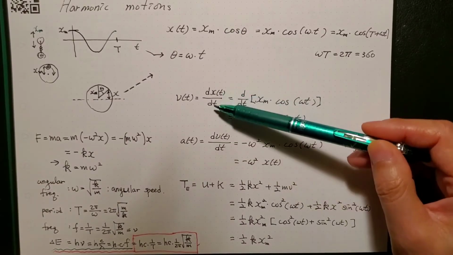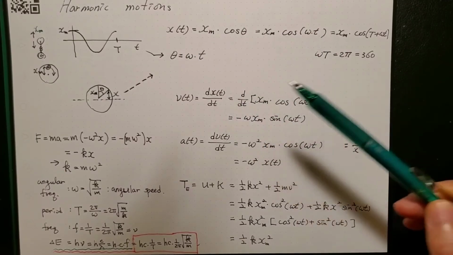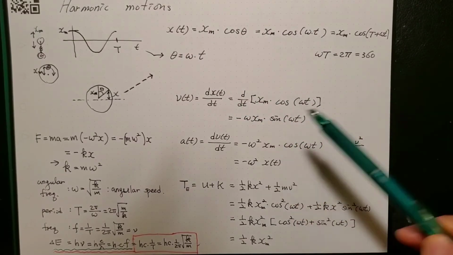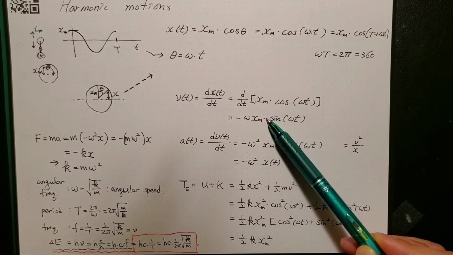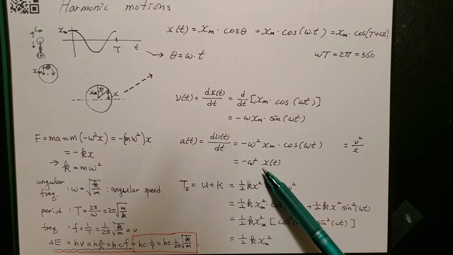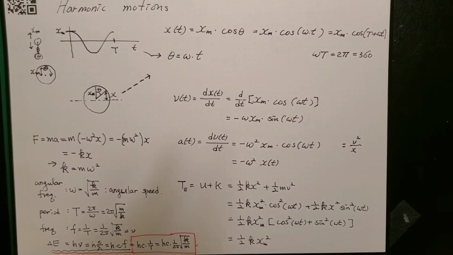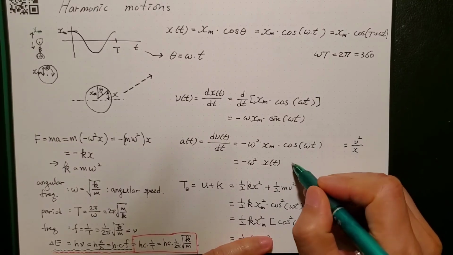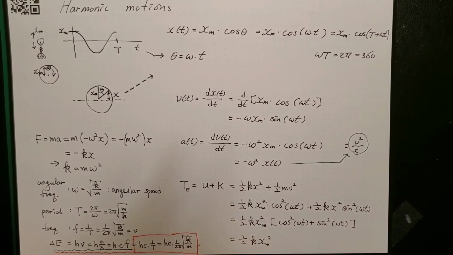Then you take the derivative of this formula by time t, and you get this. If you do one more derivative, you get the acceleration, and it becomes like this. Then we can convert this to this, something we saw before.